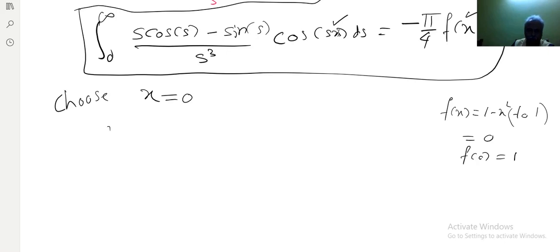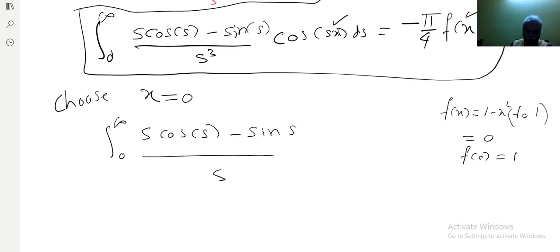So when I write 0 to infinity, (s cos s minus sin s) divided by s cube, these s values will not change. Only this x equal to 0 becomes it 1. So that is 1 minus pi by 4. So after choosing, what you got is minus pi by 4.